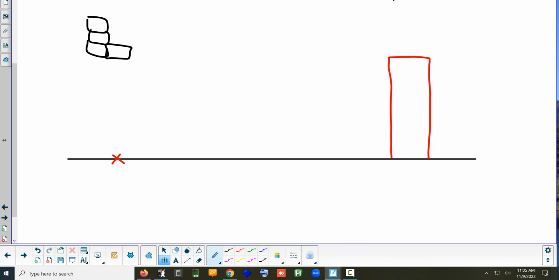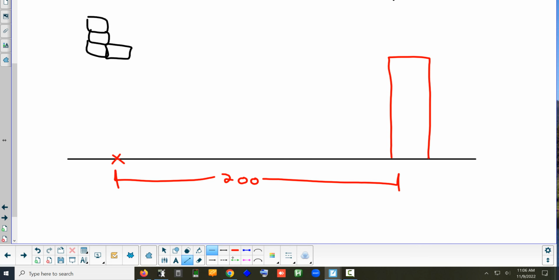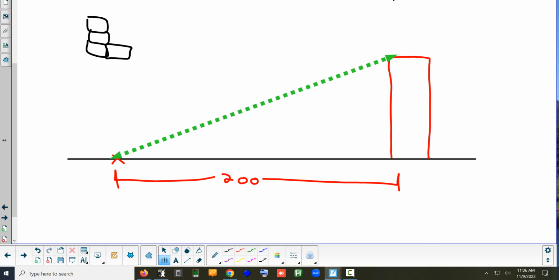If we knew how far we were from that object, let's say we were 200 feet away, and we knew the angle from where we were standing to the top of that object, which is relatively easy to find if you have the equipment to do it. You could use a transit if you were surveying property or something like that. But you can get that angle up to there. Let's say it was 30 degrees.